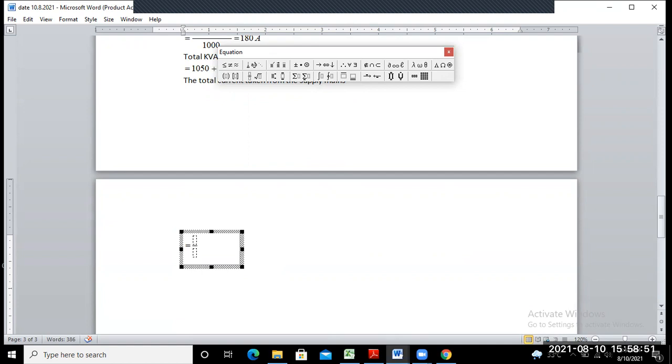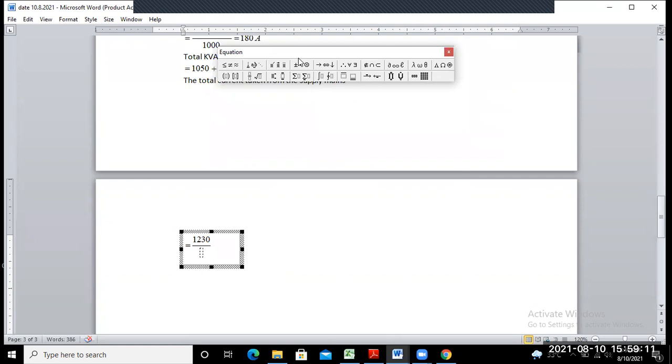What is your kVA rating? The total kVA rating is 1230 kVA. If you want to convert kVA into volt ampere, you multiply by 1000.